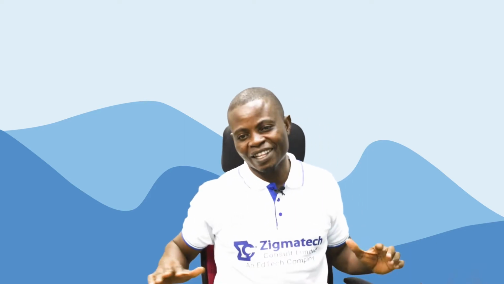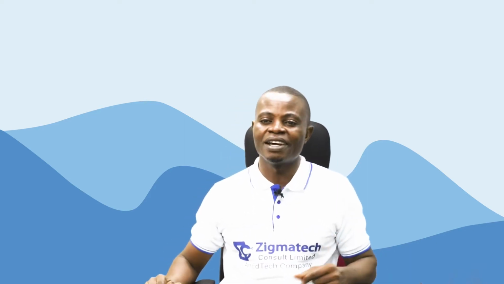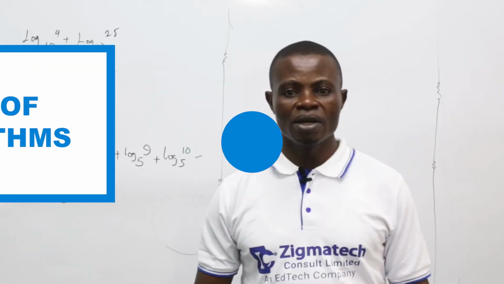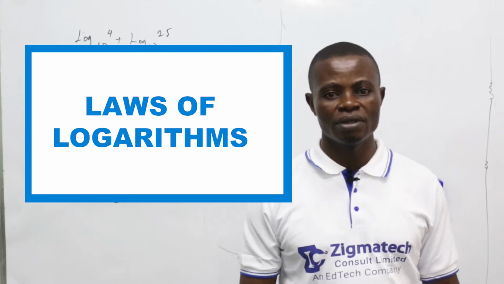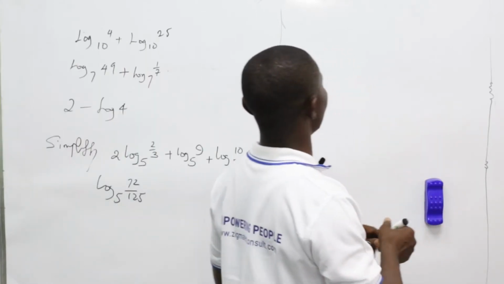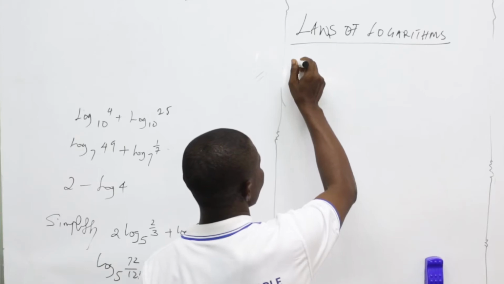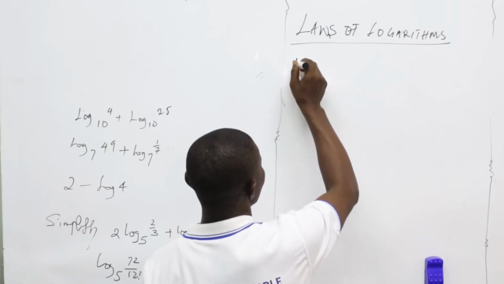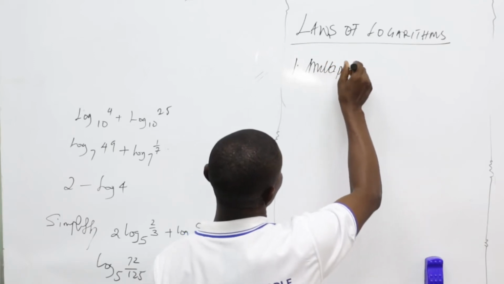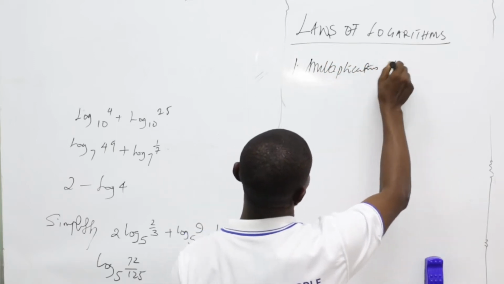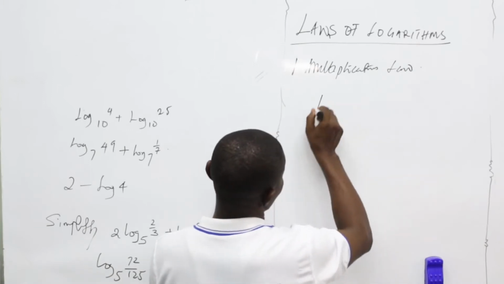Ready for today's class, okay? Let's get started. In this lesson, we're going to consider the laws of logarithms, which go this way. Number one, the multiplication law. That is log.